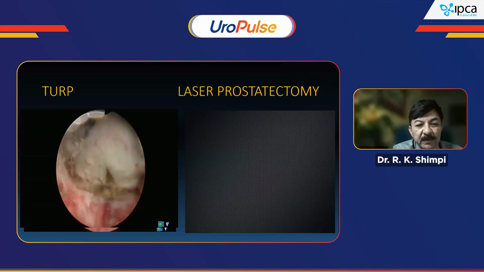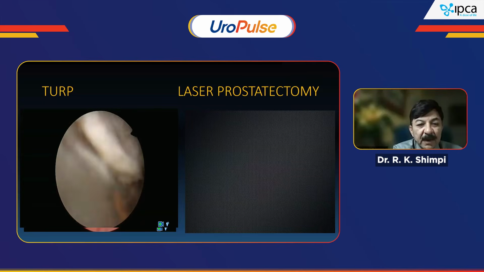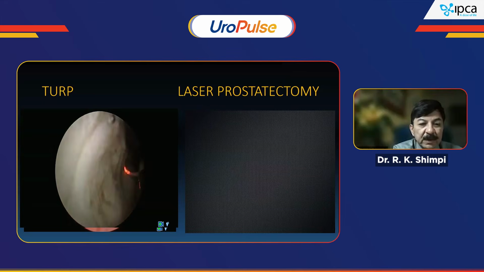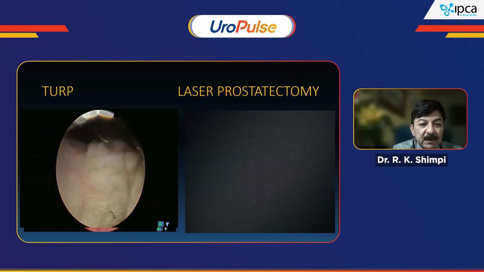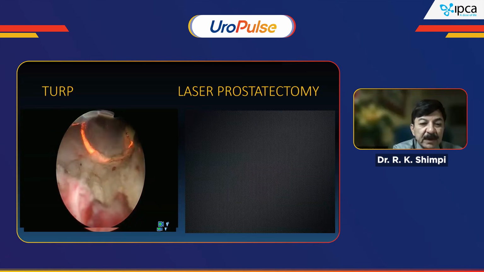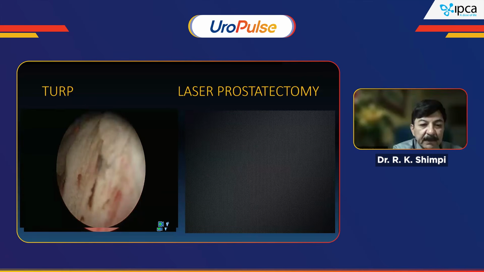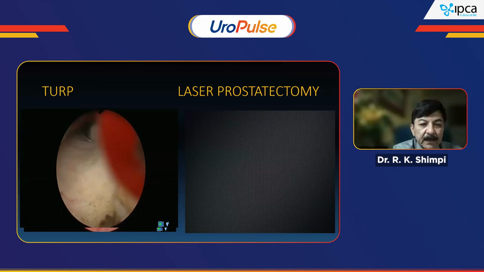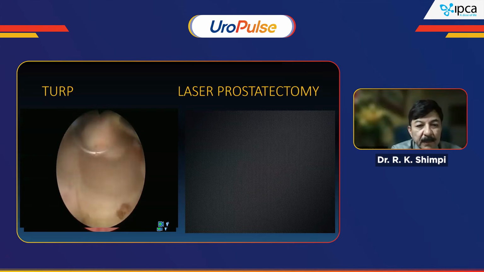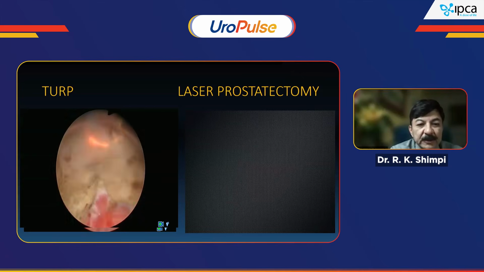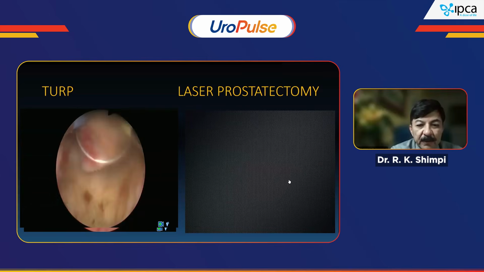So slowly we keep removing the pieces, and if there are any bleeders, we coagulate them with the same loop by using coagulation current. This way you can create the prostatic fossa. And then these chips are later on removed with the help of the endoscope.